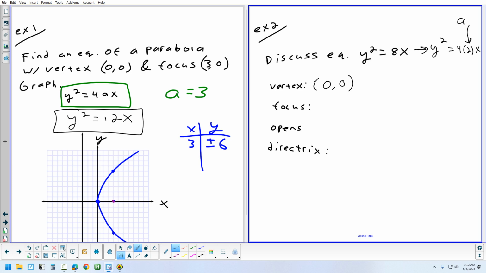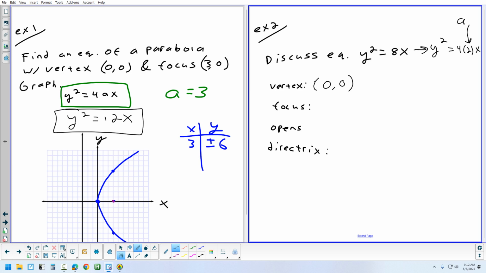So what A really tells you is how far away the focus is from the vertex. Now technically you have 4 options. If you're at the origin and your focus is 2 units away, it could be up 2 units, down 2, left 2, or right 2.